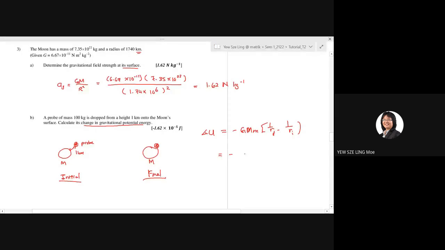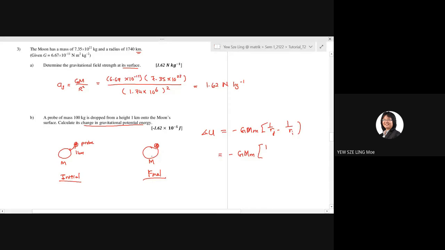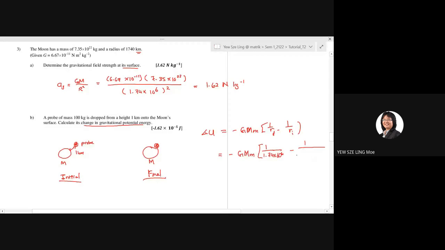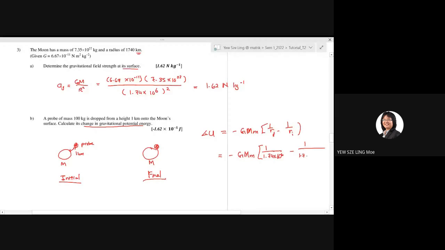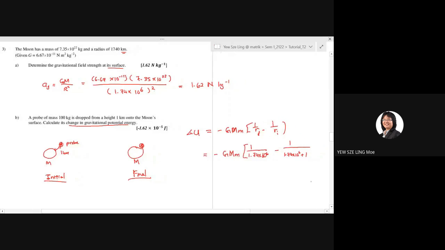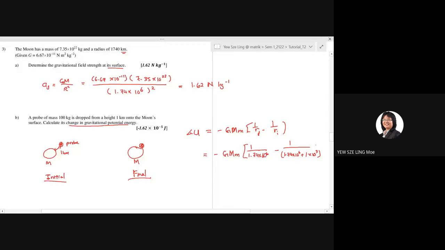So that equals negative GMm, bracket, your R final is on the surface, therefore it's just 1.74 times 10 to the power of 6, and then minus 1 over, now you have 1 km, so 1.74 times 10 to the power of 6 plus 1 times 10 to the power of 3, because 1 km.